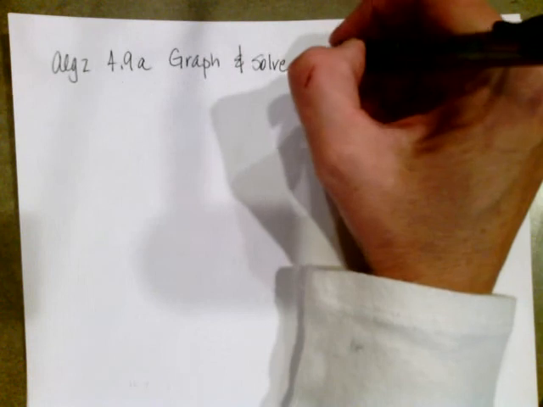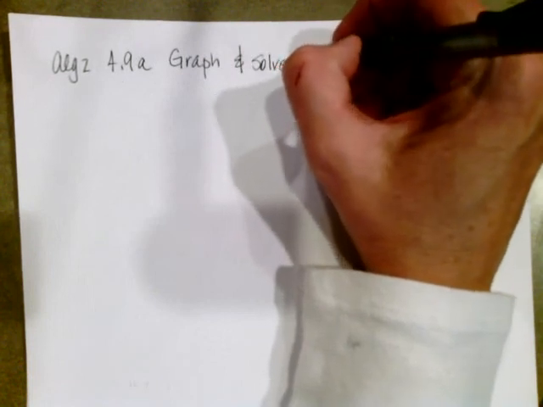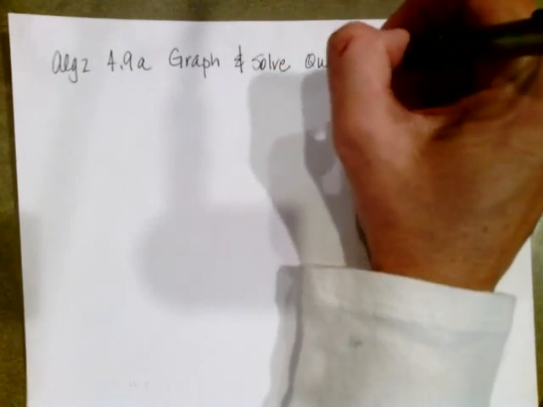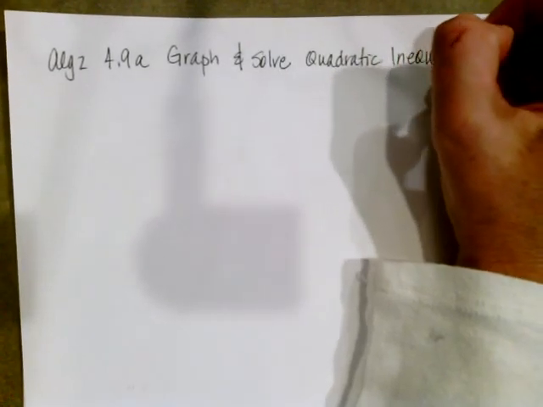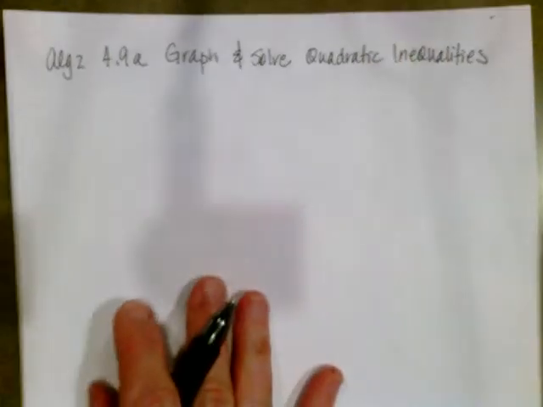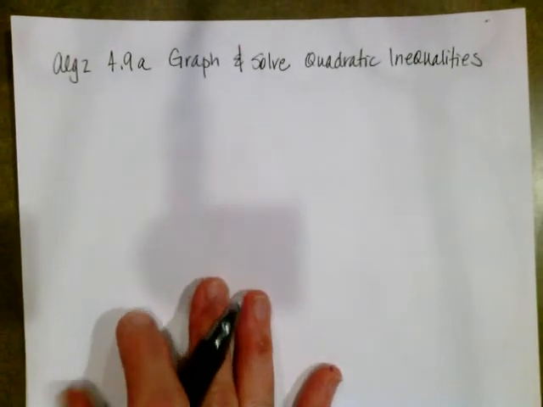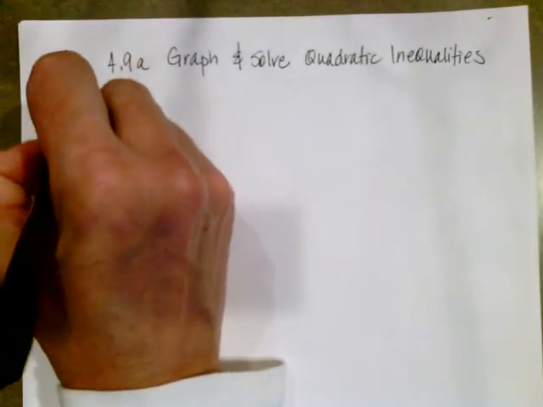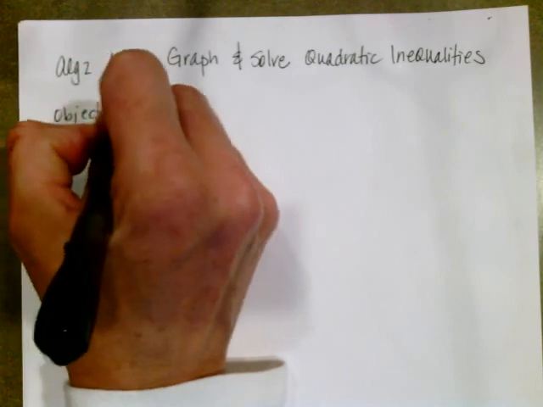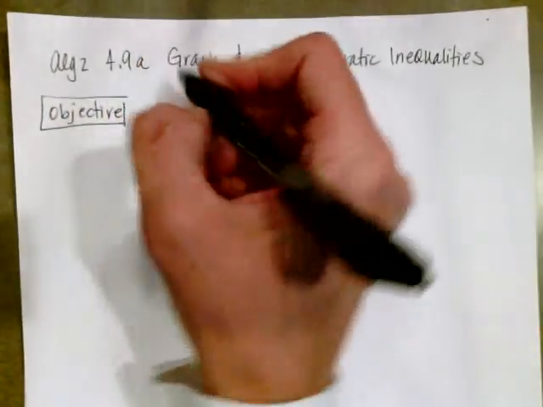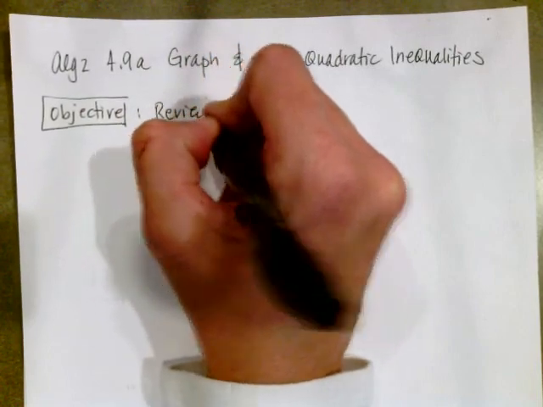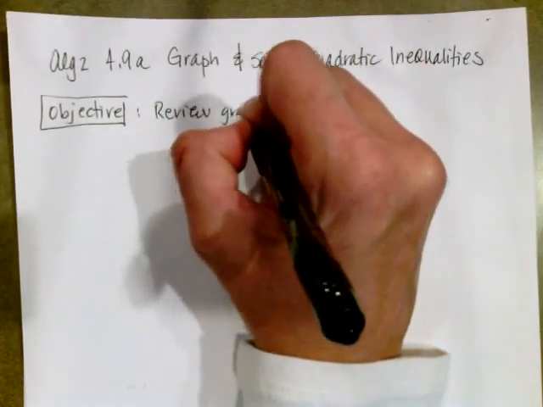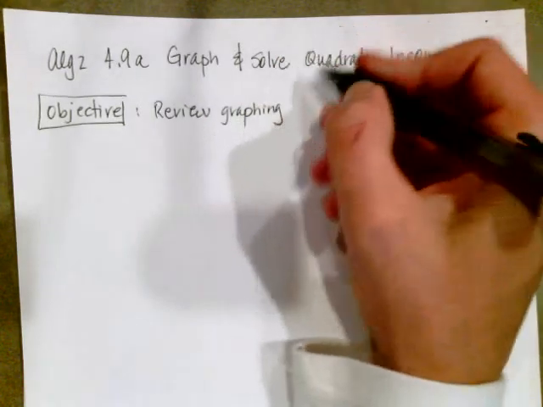So we're going to be graphing and solving quadratic inequalities. All right, so that is our task for today. Your objective is going to be, we're going to first review graphing our quadratics.